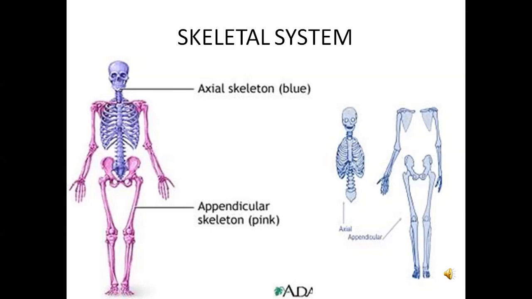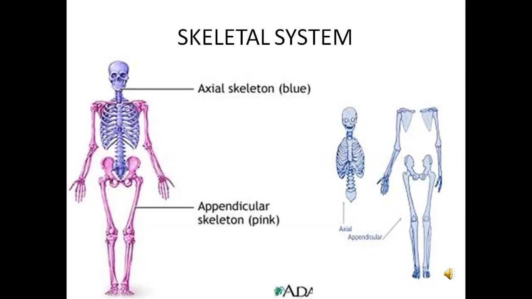The 2 major divisions of the skeletal system are axial skeleton and appendicular skeleton. Axial skeleton.